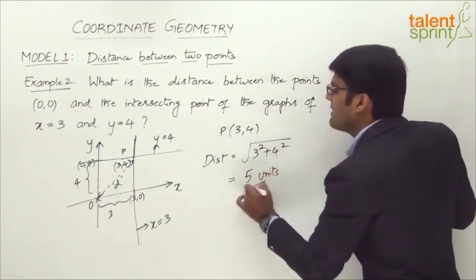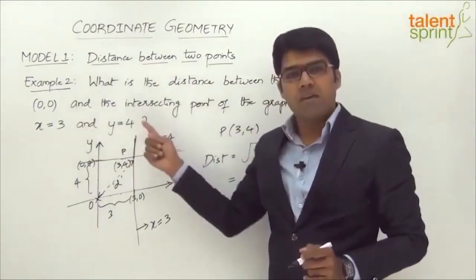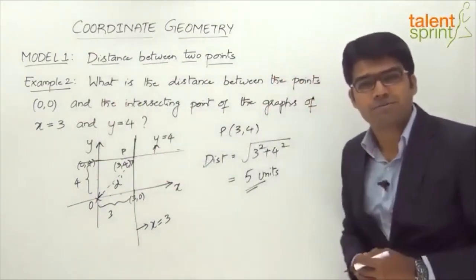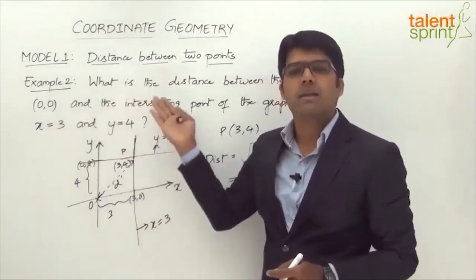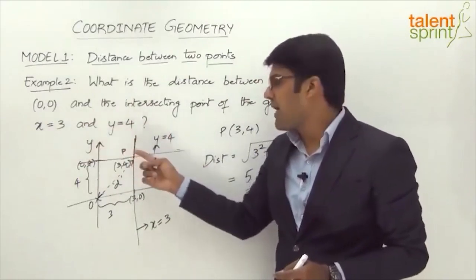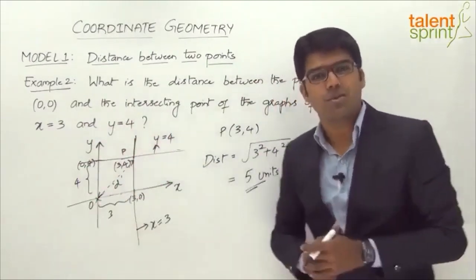So 5 units will be the distance of the intersecting point of x equal to 3 and y equal to 4 from the origin O. So this is how we can draw the graphs for the equations x equal to 3 and y equals to 4, which are really simple to find out the point of intersection and then calculate its distance from the origin O.